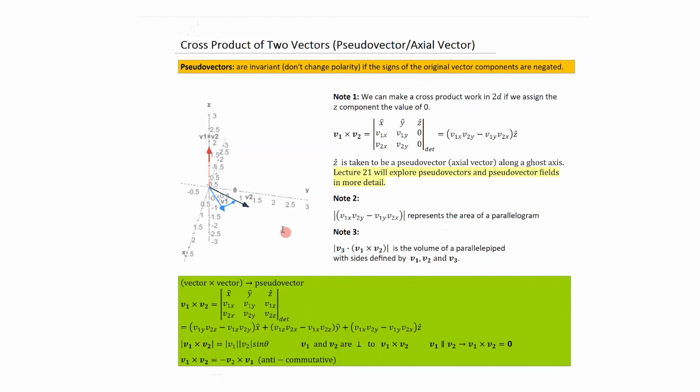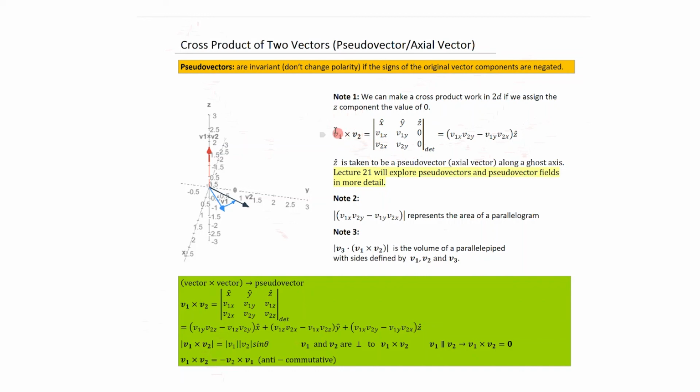Another spin on why we call it a pseudovector is when we look at this and try to imagine it in an equivalent 2D form. As I mentioned earlier, we can take this cross product and make it work for us in 2D if we make the z component of vector v1 0 and the z component of vector v2 0.